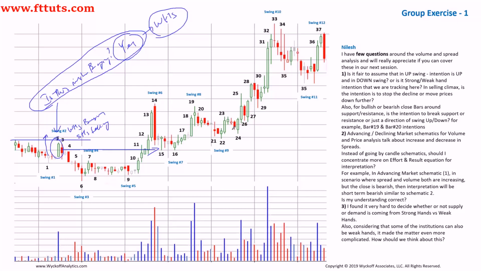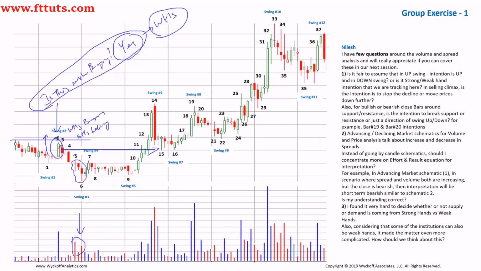Well, if we would be very diligent about this, we probably would say they bought this position from the position of weak hands, still not at the most opportune opportunity for institutions, because we know that institutions want value and there was a much better value below, and institutions want liquidity, and there is a lot of liquidity to the upside here, but there was no liquidity to the downside like we've had on bars number 5 and 6 that go into the more climactic type of run, and there is a general capitulation at that point.